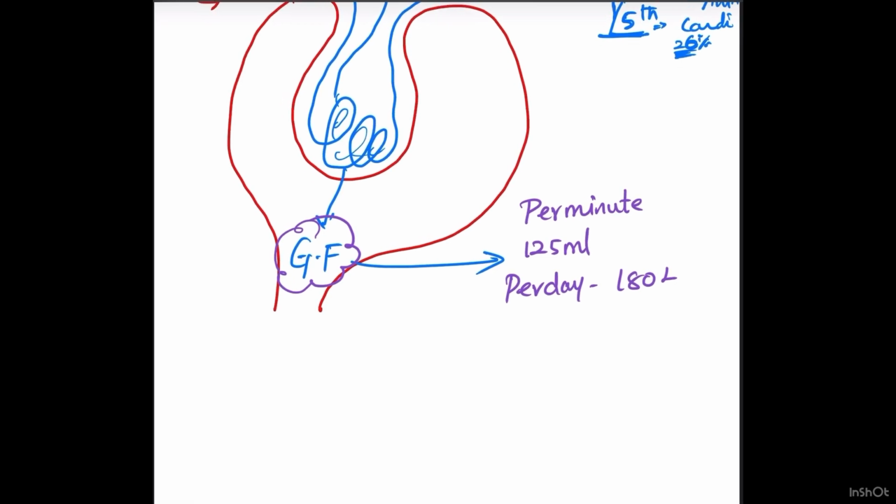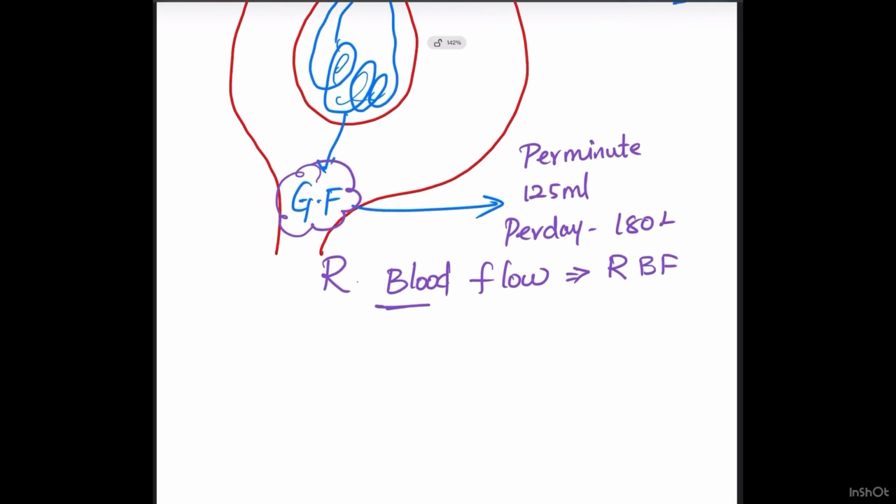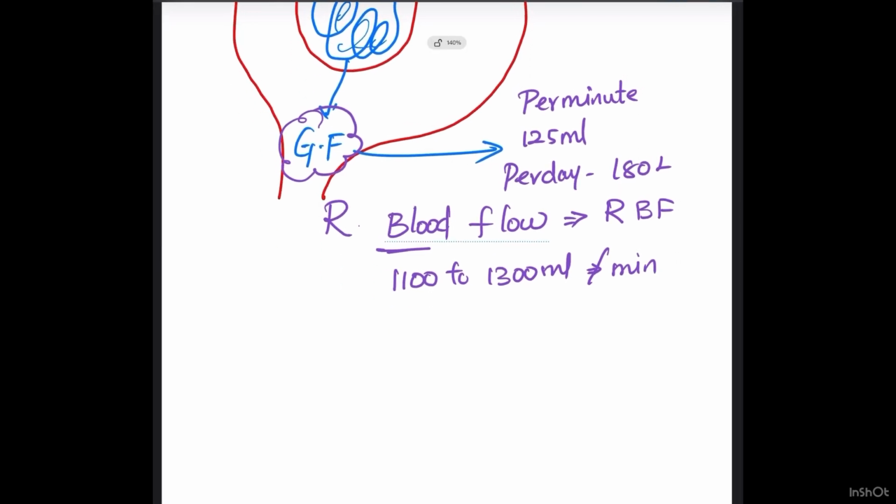Now let us see how much blood flows. You can mention it as renal blood flow, RBF: 1100 to 1300 ml per minute. Then there is RPF, renal plasma flow.